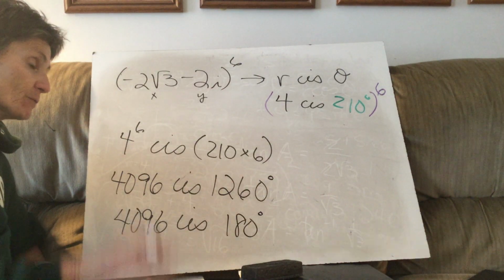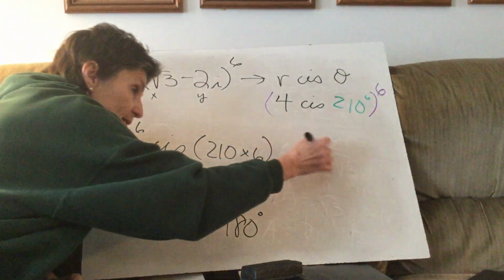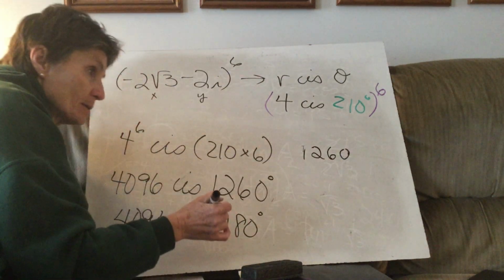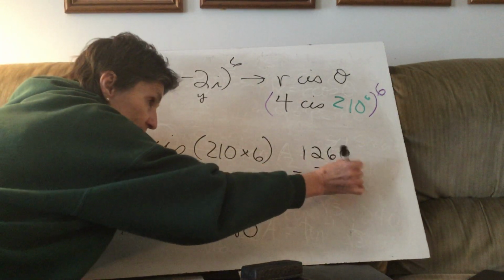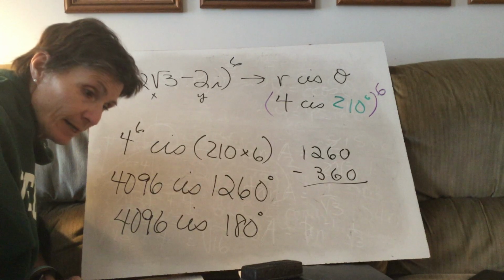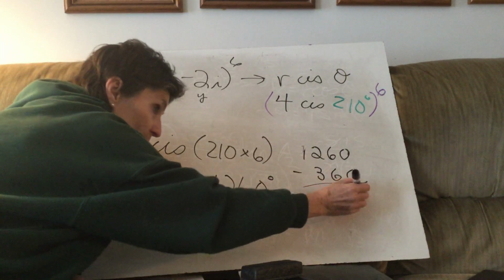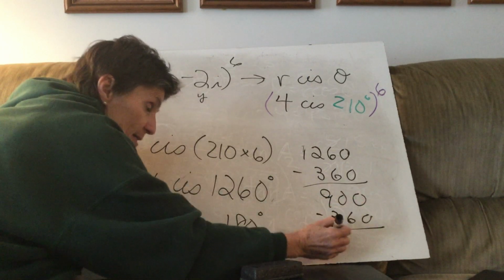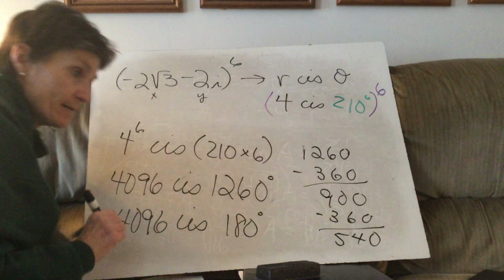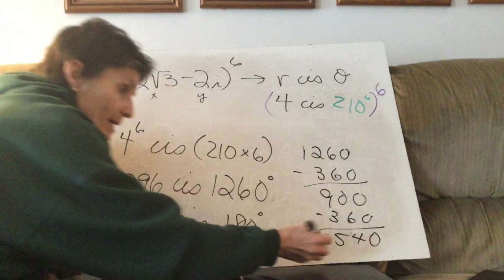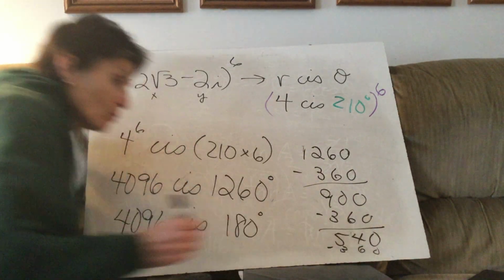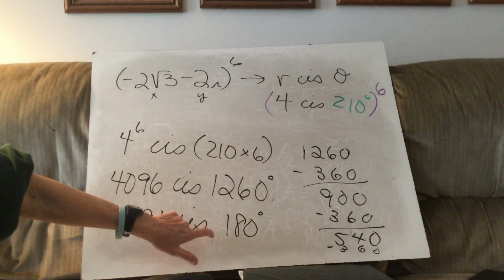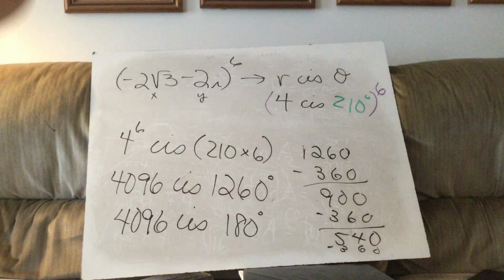Now, if you're having trouble keeping up, 1260 is too big. So I'm going to subtract 360 from it, and I got 900. That is still too big. So I'm going to subtract another 360, and I got 540. That's still too big. So I'm going to subtract another 360, and that's how I got 180.